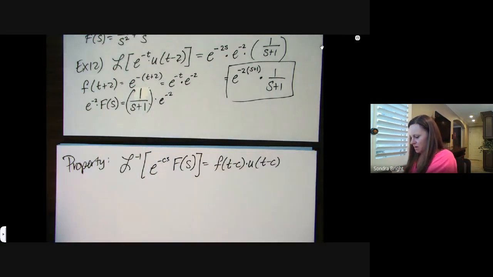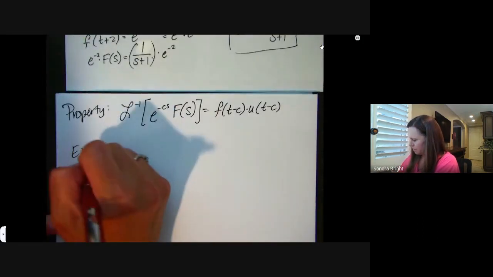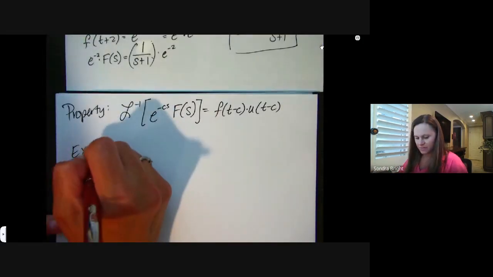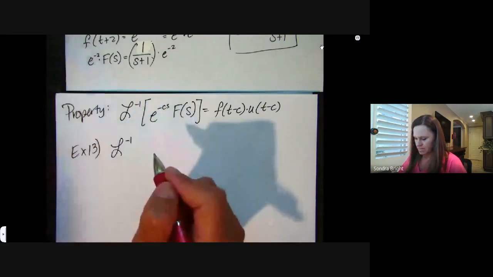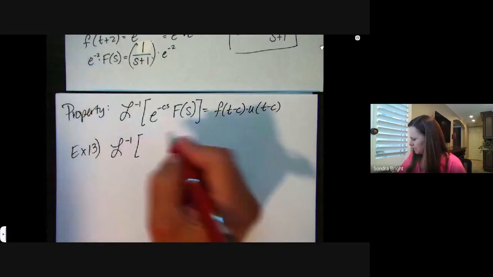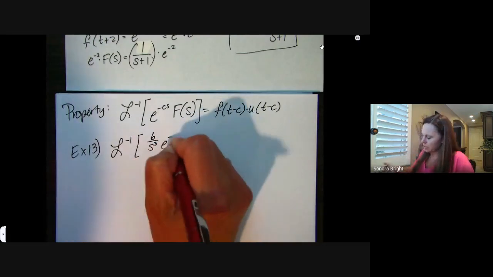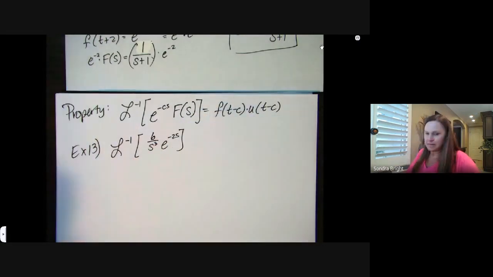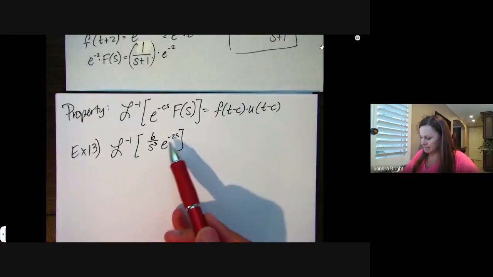All right, so let's do an example where I want you to find the inverse Laplace transform of 6 over s cubed times e to the negative 2s. Obviously you've got an e to the negative 2s, so your c will be 2. So it'll be u of t minus 2.